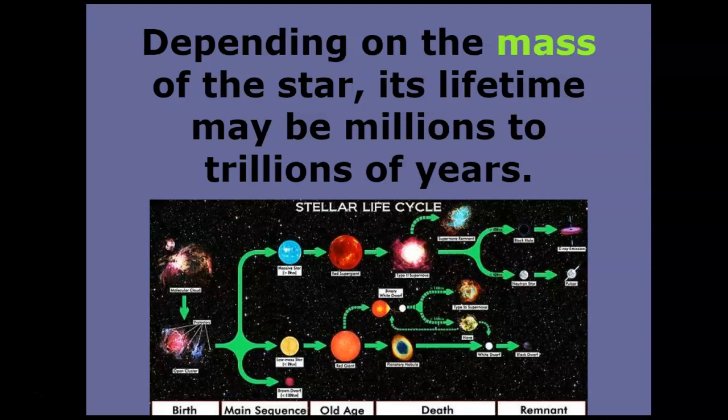Massive stars burn through their energy much faster, so they may only live for a few million years, whereas the smaller stars have their energy for a longer period of time. They can last for trillions of years. So mass is the determining factor on how long the star will live and what process it will go through.